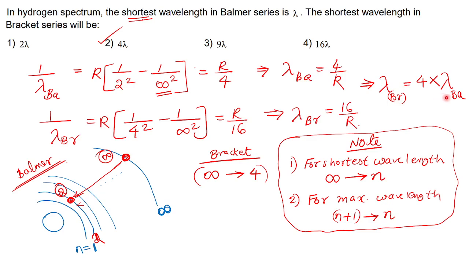If the wavelength of the Balmer series is lambda, the Brackett series will be 4 lambda. 2 is the correct answer.